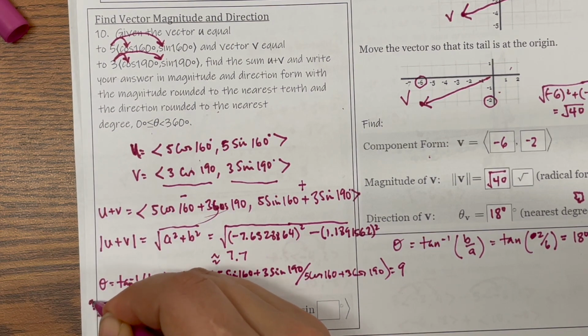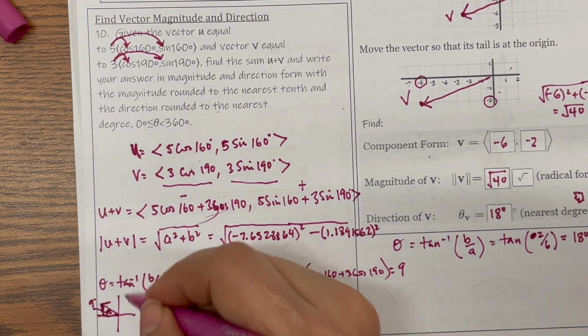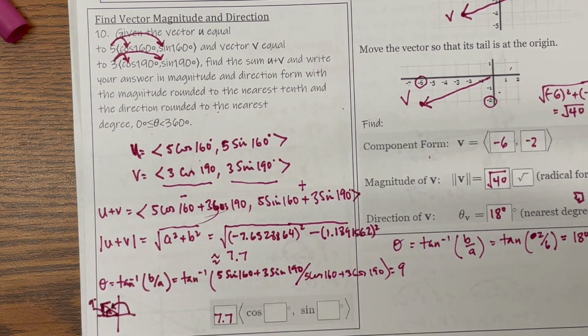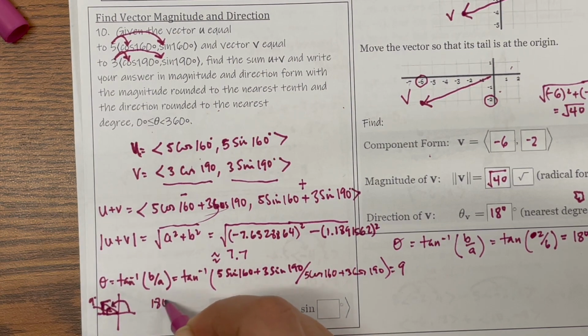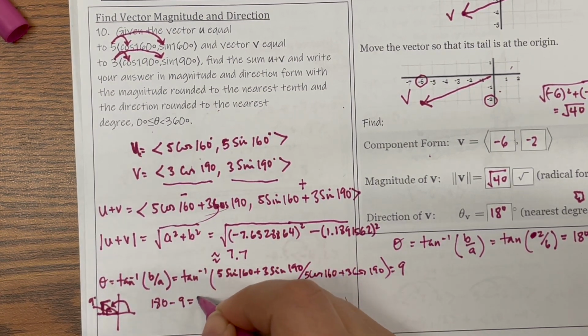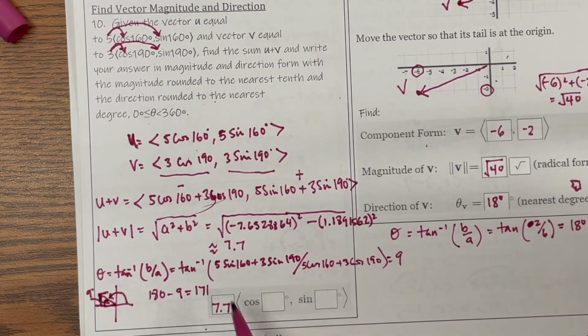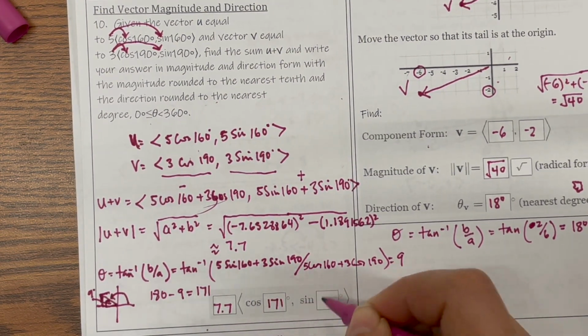But that's not the answer they're asking for. They're really asking you, what is this? So what do I have to do to that 9? I have to subtract it. So this whole thing would be 180 minus the reference angle of 9, which would give me 171. So my angle is 171.